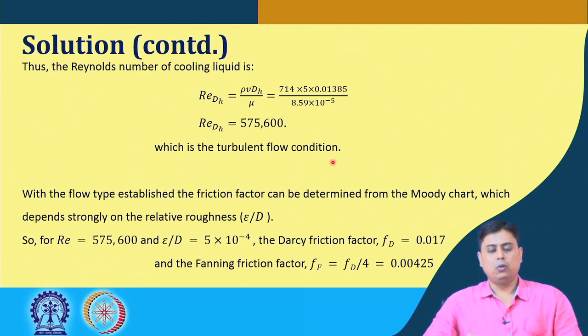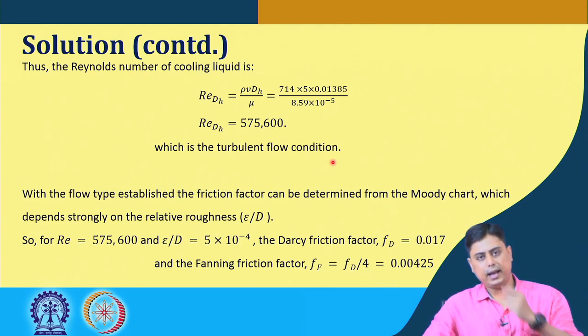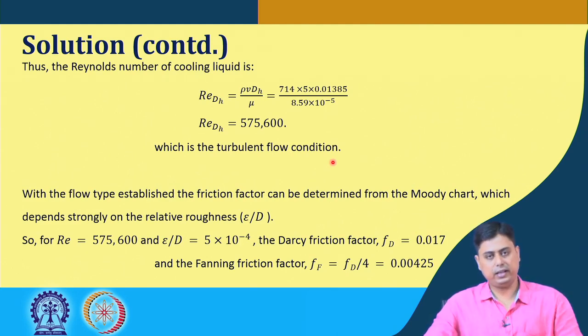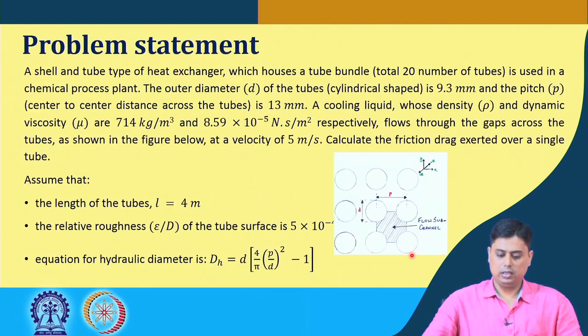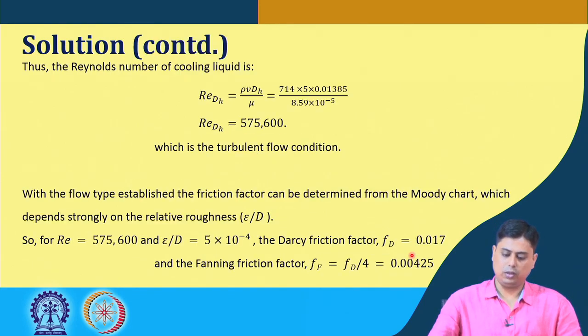With this flow type, we can use the Moody chart, if you remember, which has the friction factor versus the Reynolds number for tubes of different surface roughness. Using any classical fluid mechanics textbook, you can find that chart, and we will see that the Darcy friction factor value is this one.